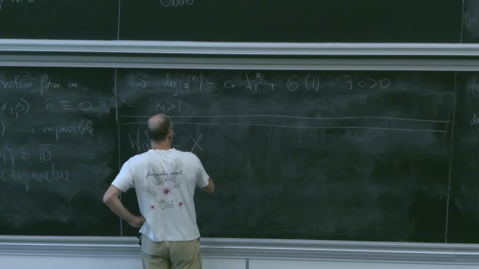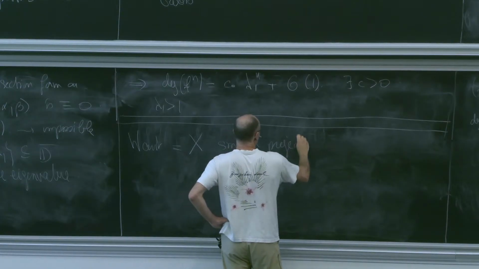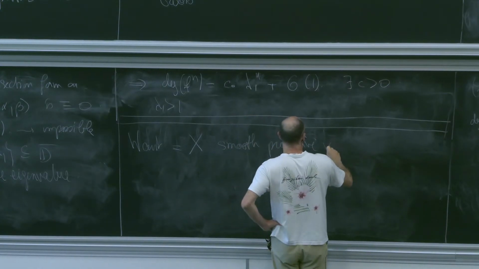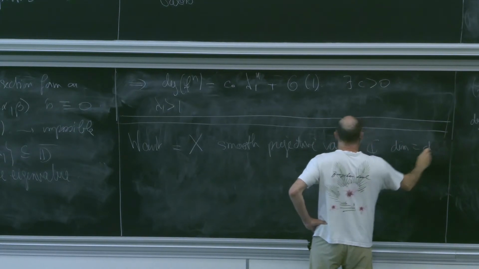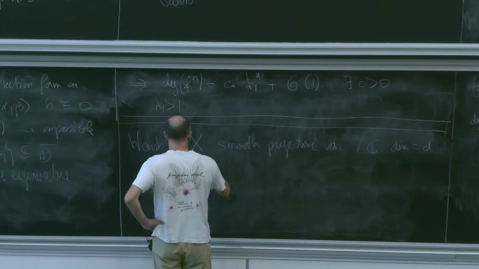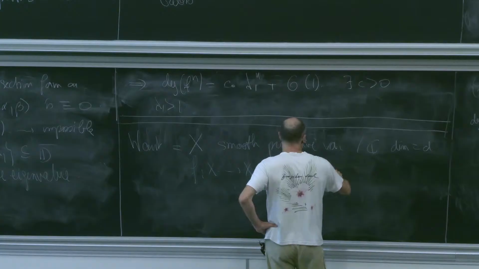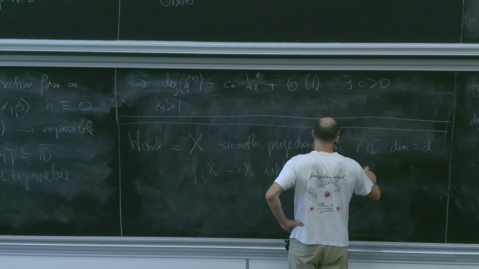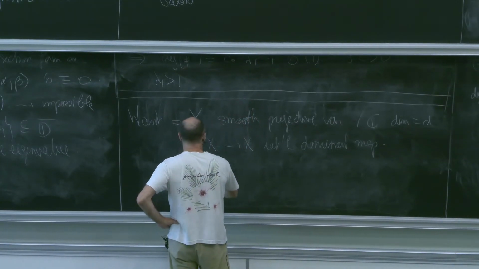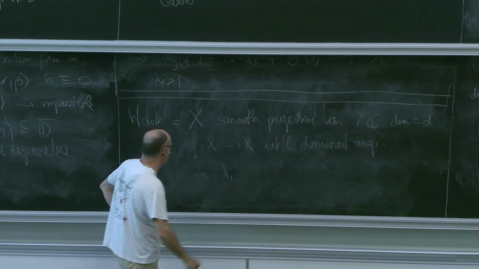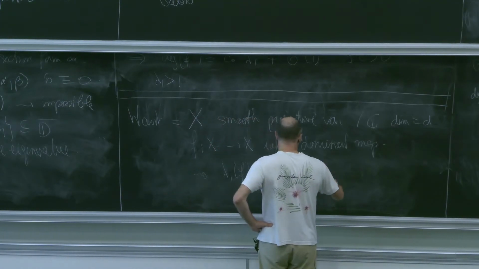So I'm taking X, a smooth projective manifold, so a variety over C of dimension D. I'm going to consider F, a rational dominant map. And I want to define dynamical degrees, these numbers lambda 1 of F, lambda 2 of F, and so on, up to lambda D of F.